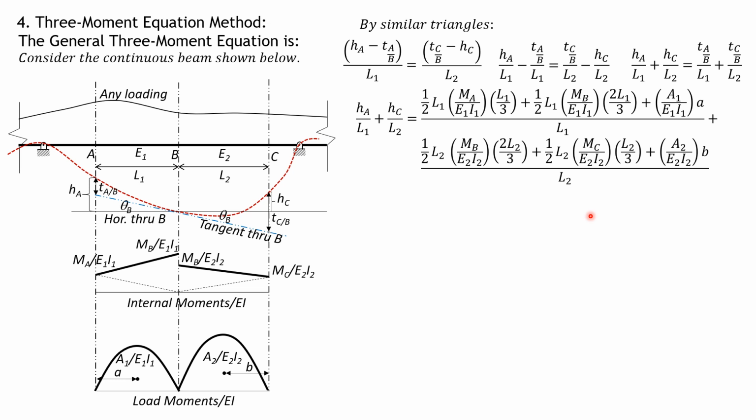Then combining like terms, especially for MB here, and simplifying, cancel out L1.